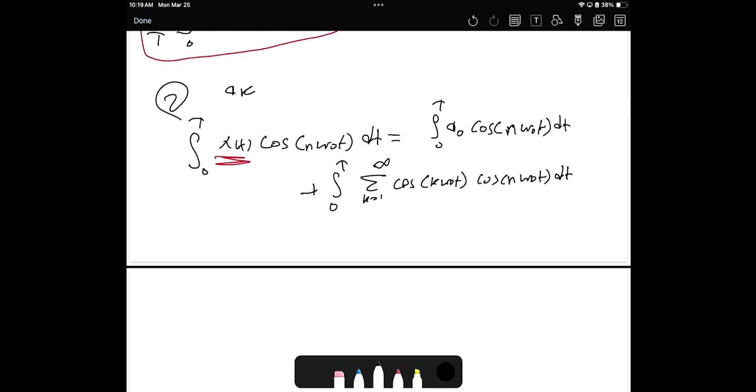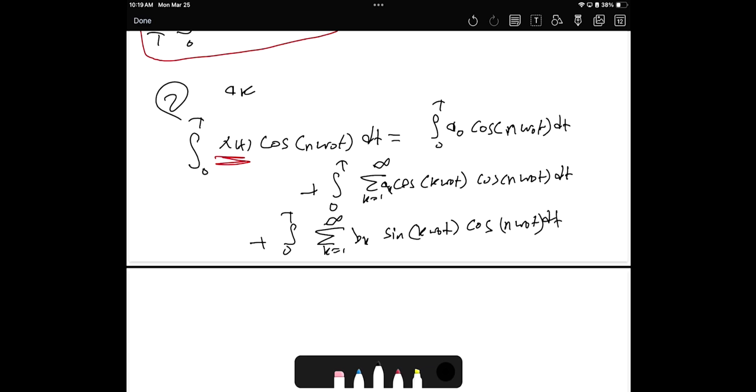then plus the third term, which is from 0 to T, the sum from k equal 1 to infinity. Here I missed the k. Here's b sub k, sine k omega naught t, times cosine n omega naught t.